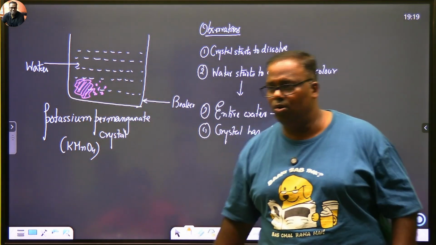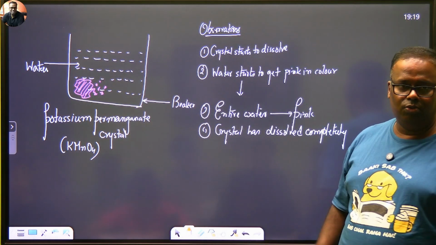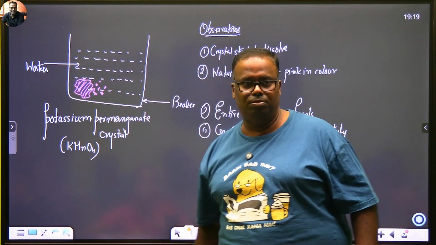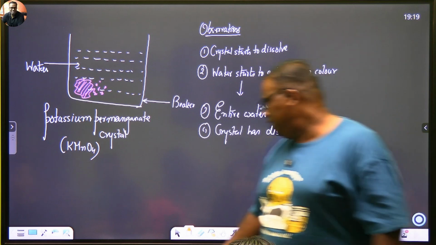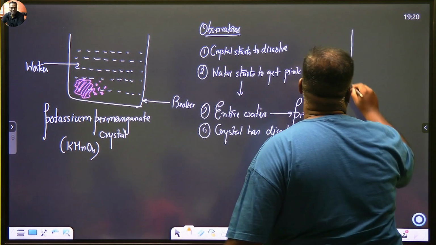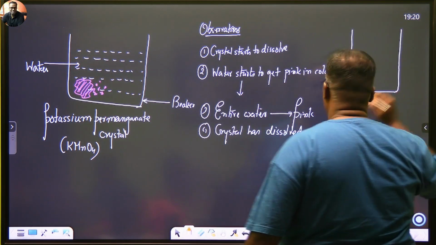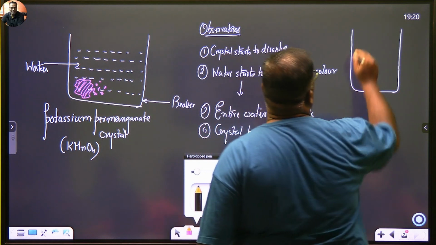Where did the crystal go? Dissolved in the water. We don't expect Vakul to go and pluck out the crystal out from there, right? So dissolved in water. And till the time you all write, the beaker is now fully pink in color.